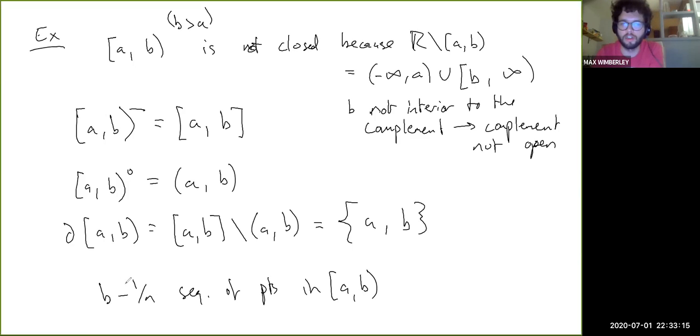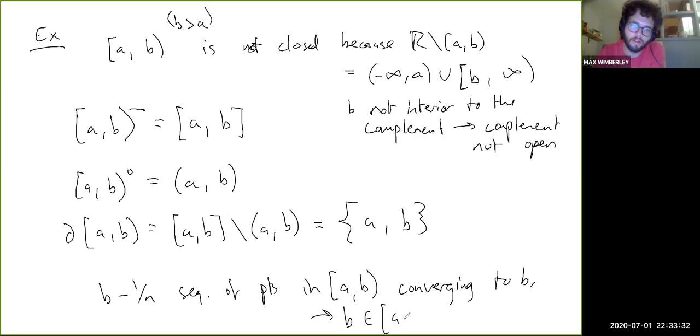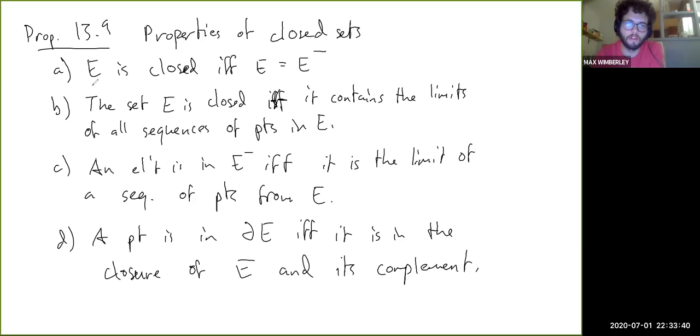Early on, it might not be all within here, but eventually this sequence starts to land in this interval. So it forms a sequence of points in this half open interval converging to b. So b is in the closure by 13.9, okay?